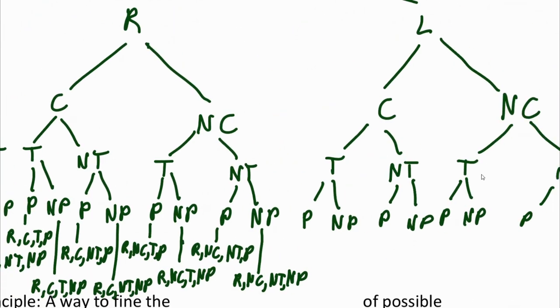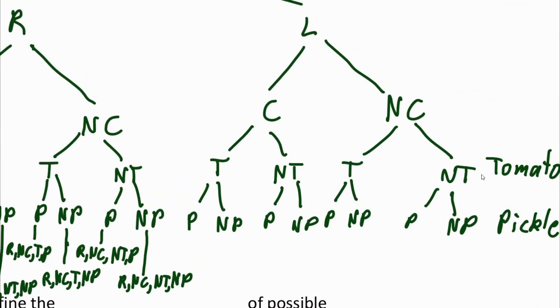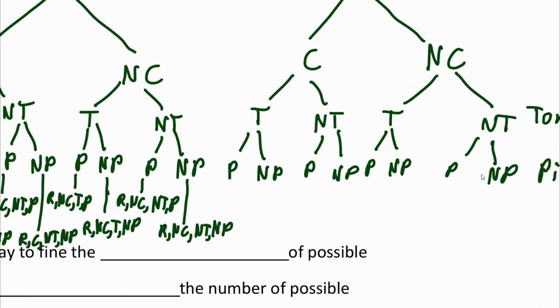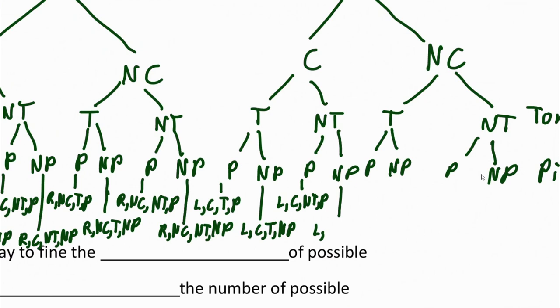All right, so that gets us through the regular, and then again, we do the same thing, but for the large. So we have a large cheese, tomato, pickle. A large cheese, tomato, no pickle. A large cheese, no tomato, pickle. A large cheese, no tomato, no pickle.